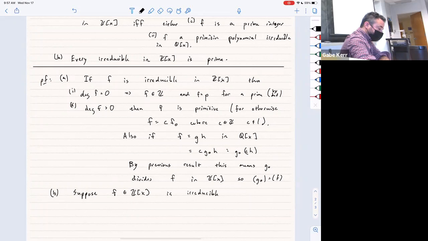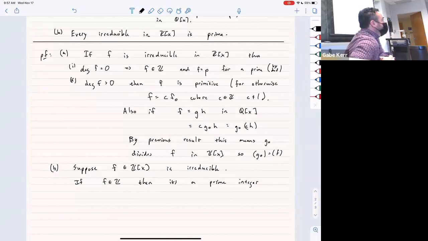Well, then we have part A. It says, okay, if f is in Z itself, it's constant, then it's prime. And last time, we showed that if we have a prime integer and it divides a product of two integer polynomials, then it will divide one. That was something we showed right before Gauss's lemma.